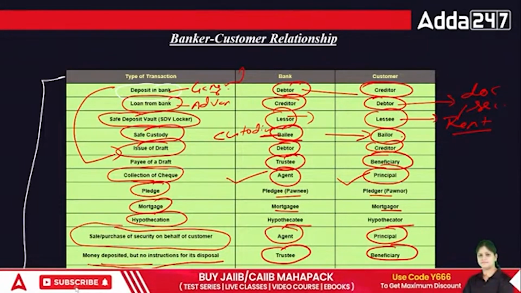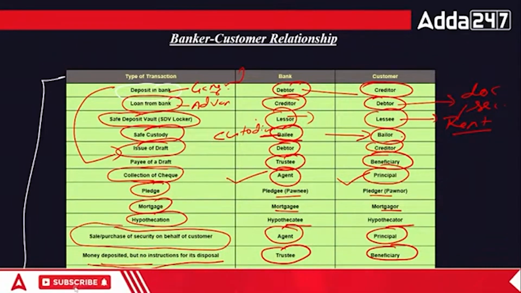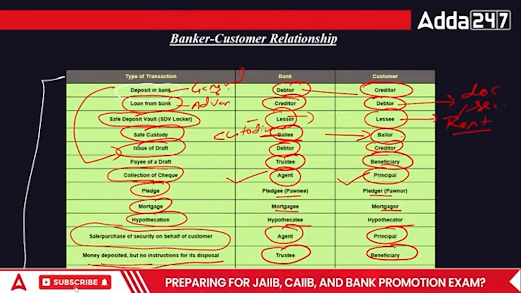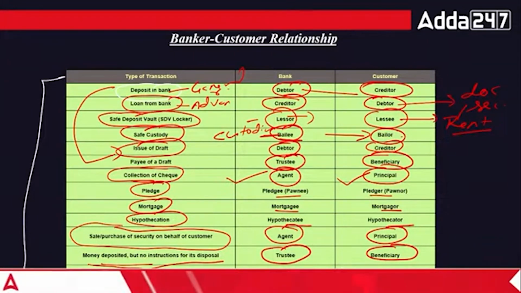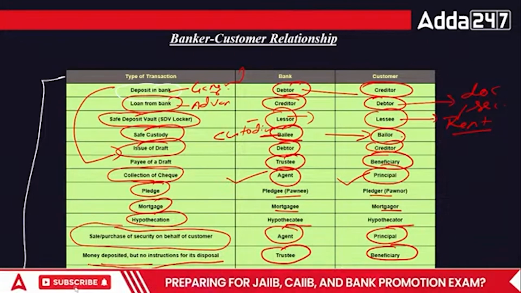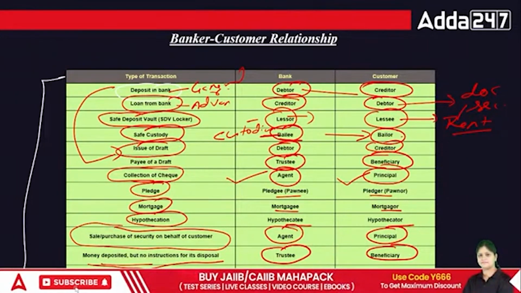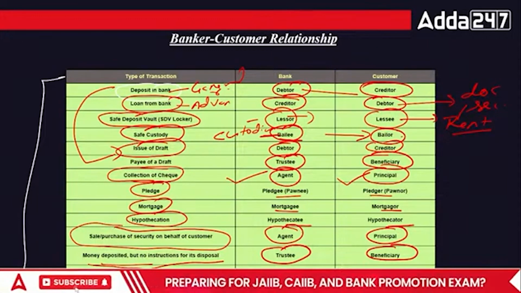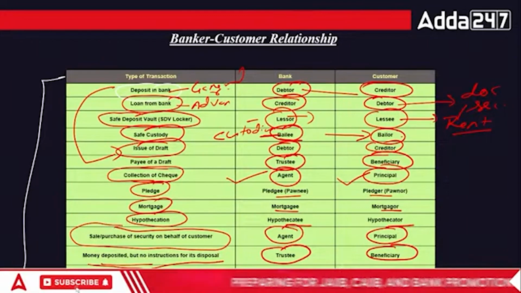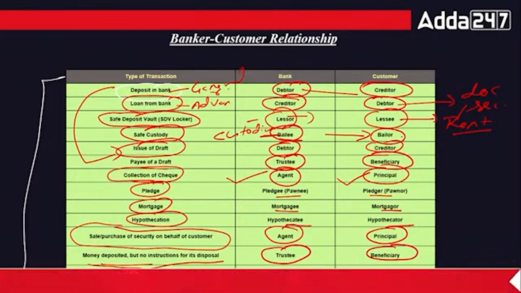But this is a very important point: in case of any natural calamity, such as earthquake, flood, lightning, or an act of God, if there is any damage or loss of the contents of the locker, the bank is completely not liable. Please remember that.